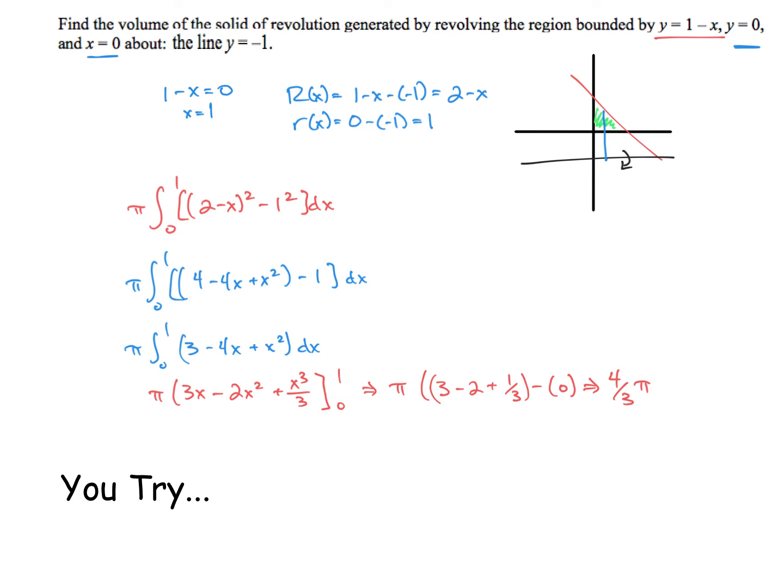My little radius is 0 minus negative 1, so we call that 1. Now I have the integral of big radius squared minus little radius squared. We FOIL it, combine like terms, and take an antiderivative. We get 3x minus 2x squared plus x cubed over 3. From 0 to 1, we substitute in and we get 4/3 pi.